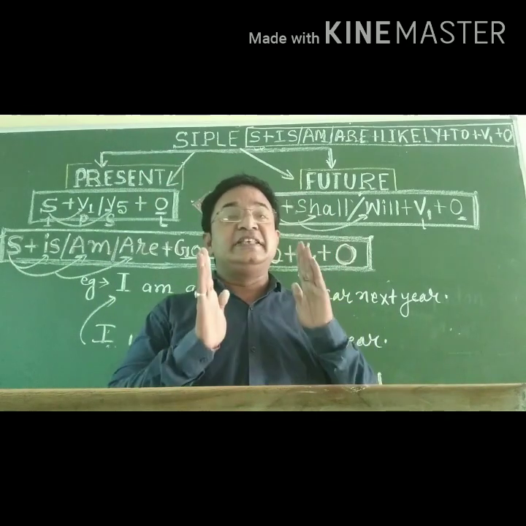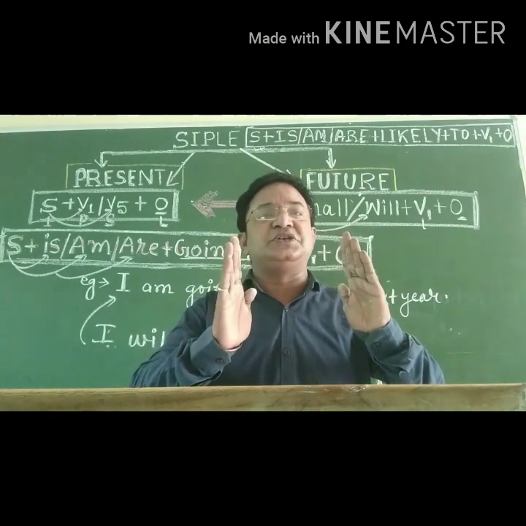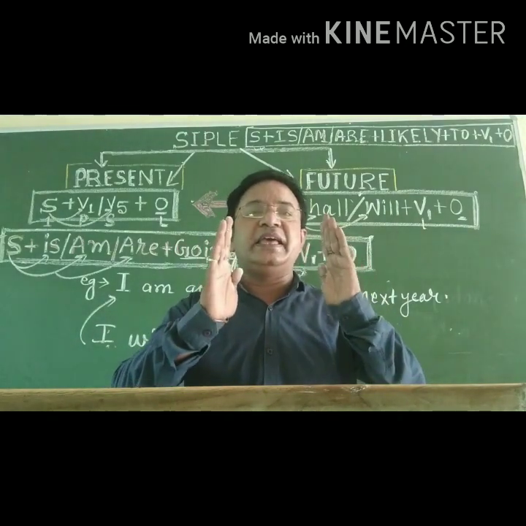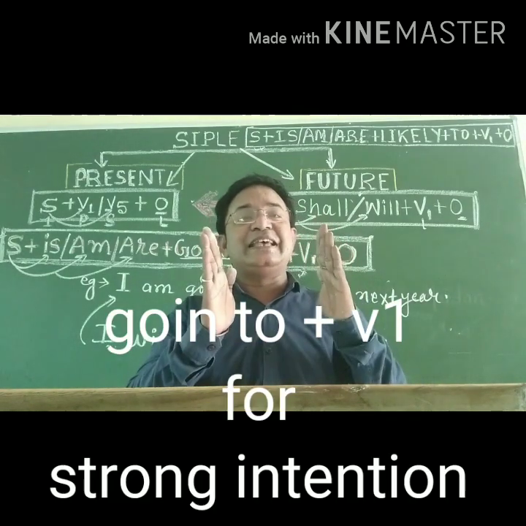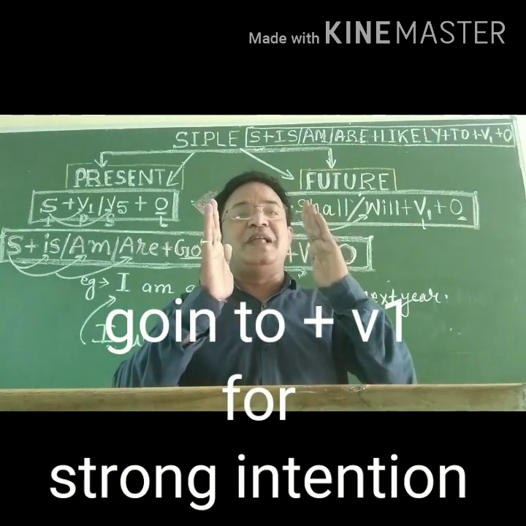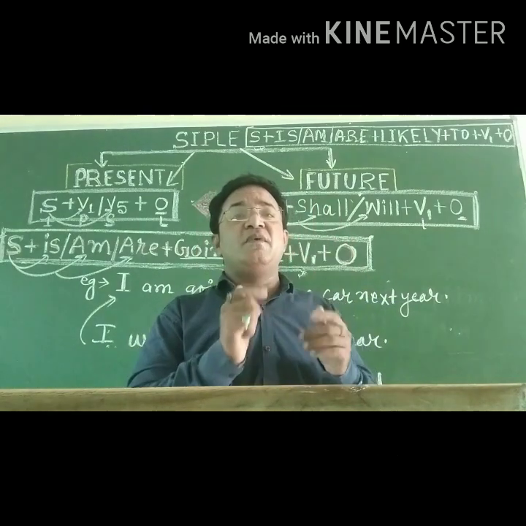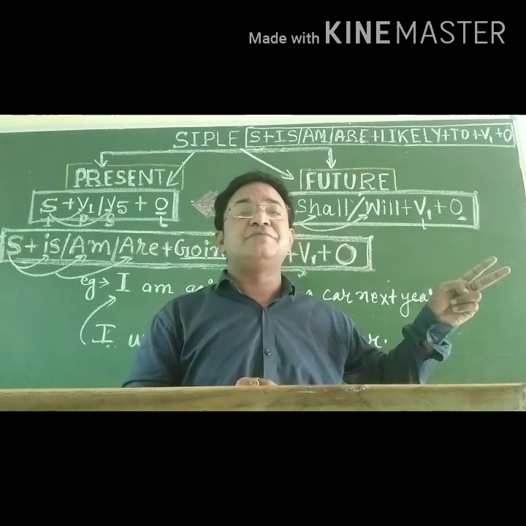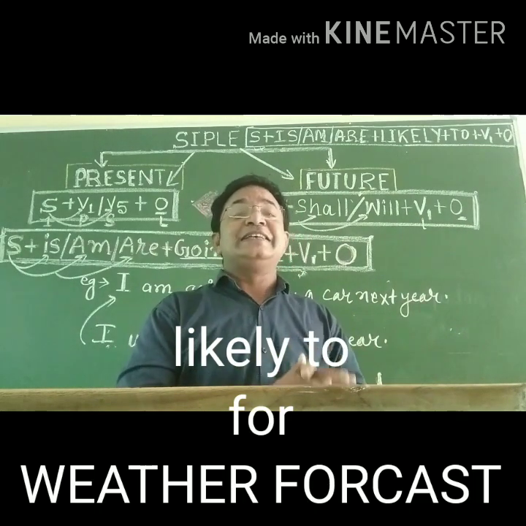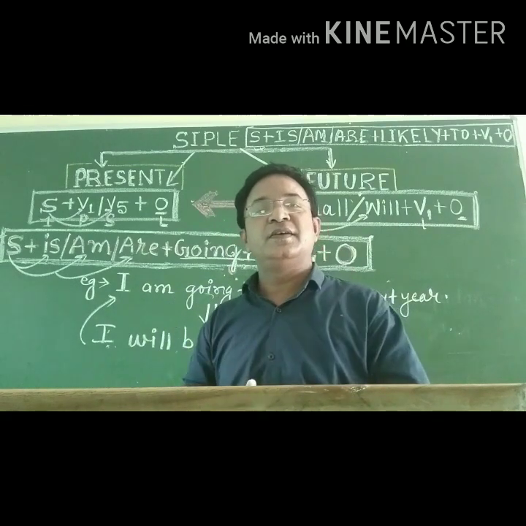Okay, so in this video we come to know that while talking about the weather condition of any place, we use subject plus is/am/are plus likely to plus V1 plus object. That means if we want to say that tomorrow it will rain, then we have to write: it is likely to rain tomorrow.